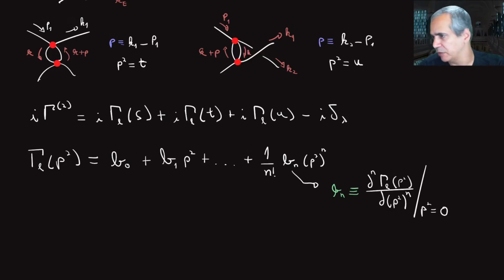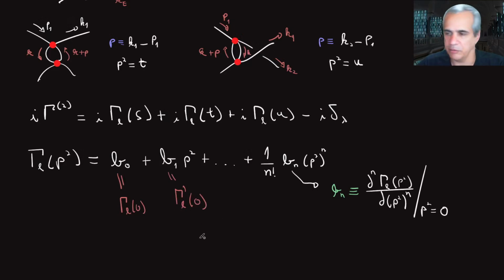And so this term right here is just gamma L of 0, and this guy B1 is just gamma L prime, the first derivative of gamma L, calculated at p squared equals 0, right?